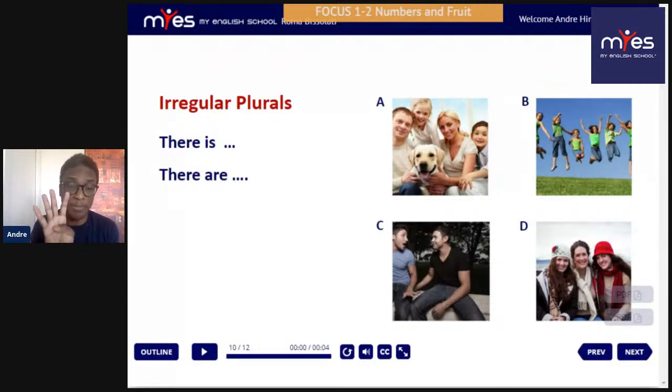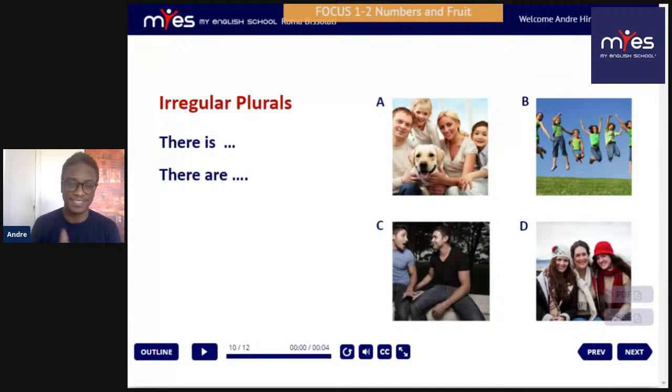So four people in the picture, but there is one dog. One dog. Remember, animals are not people. Animals are animals. So they're separated from people. So in this picture A, there are four people, but there is one dog.